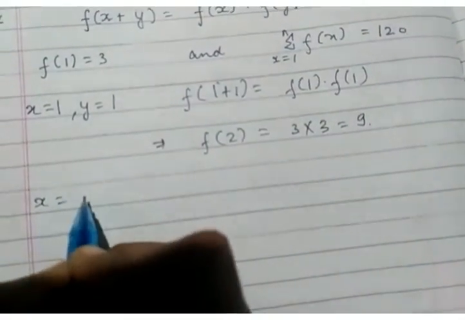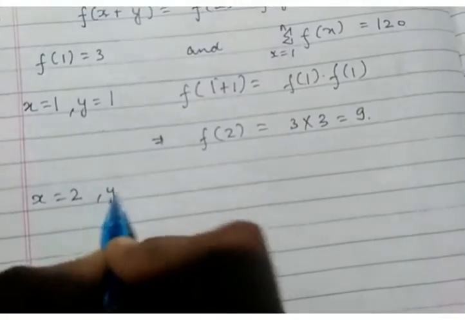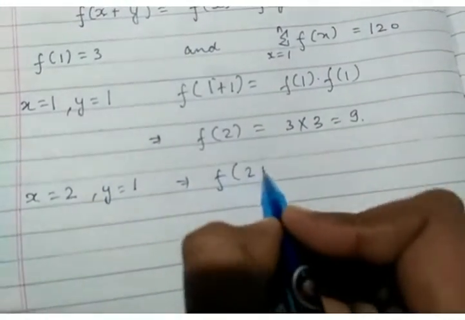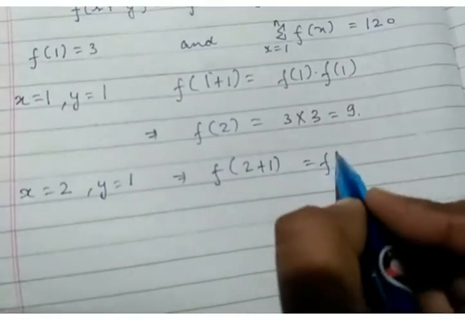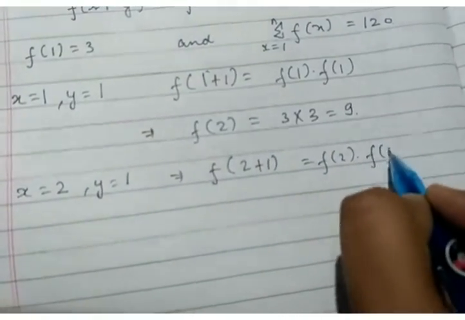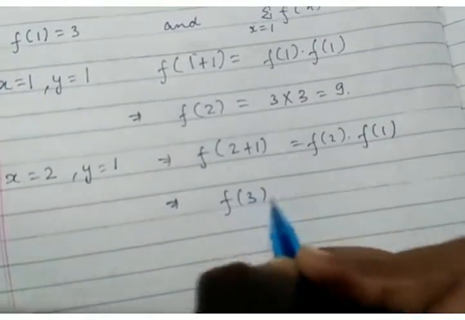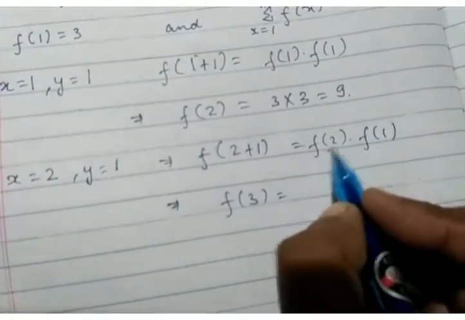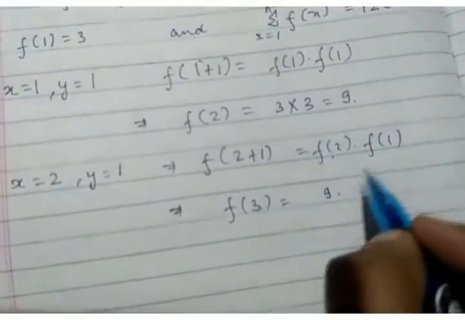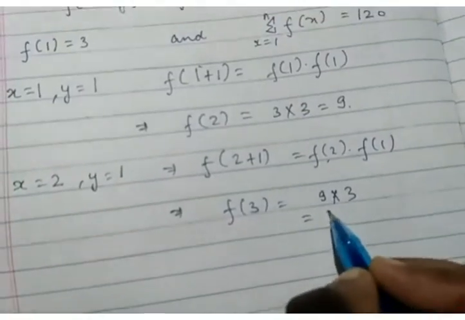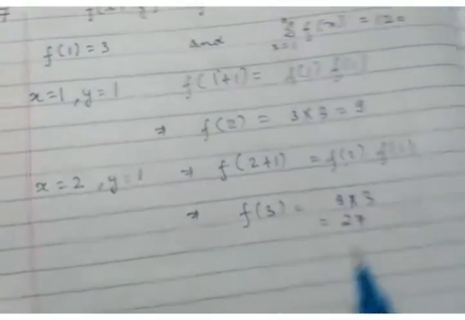Similarly, we are going to put the value of x as 2 and y as 1. So what will we get? f of 2 plus 1 equals f of 2 into f of 1, which implies f of 3 equals f of 2 into f of 1. The value of the function at 2 is 9 and the value of the function at 1 is 3, which comes out to be 27.